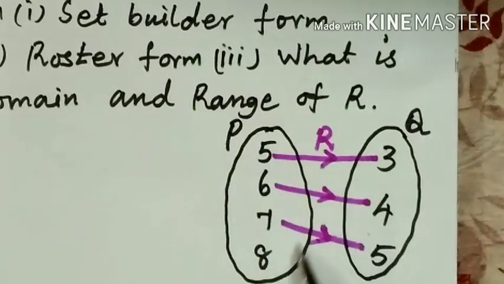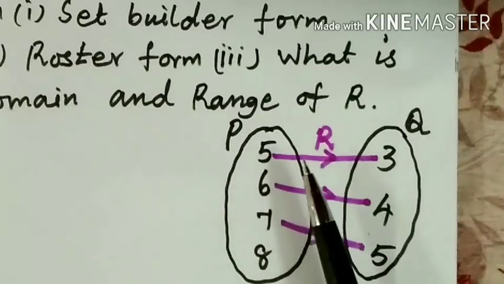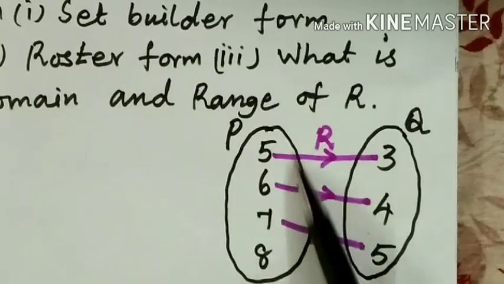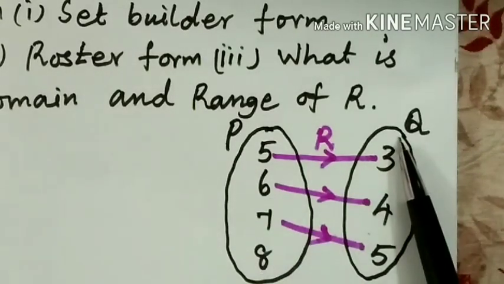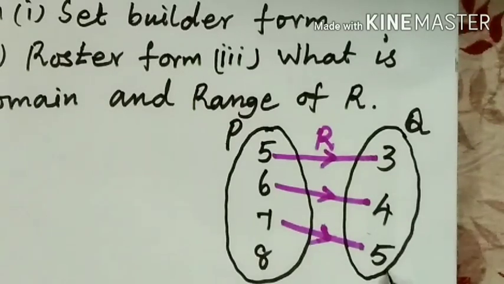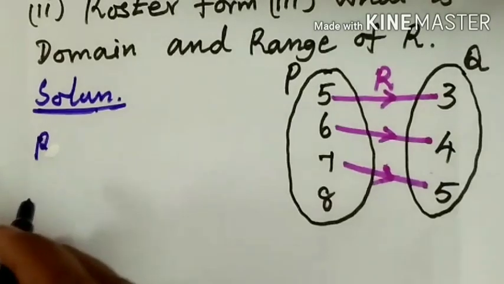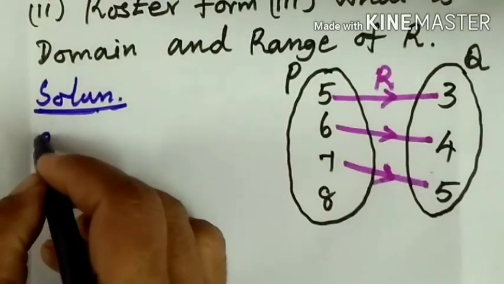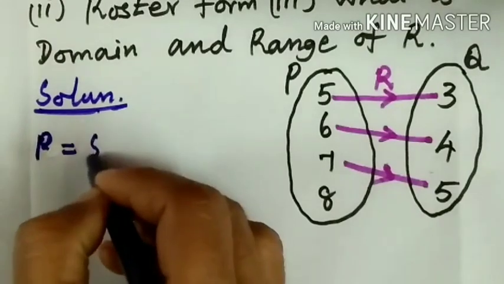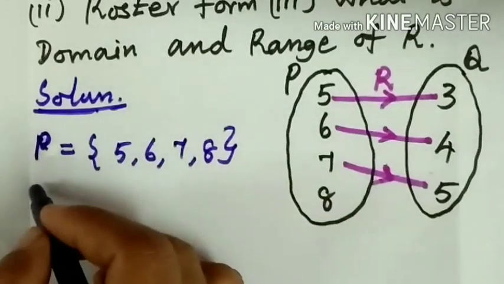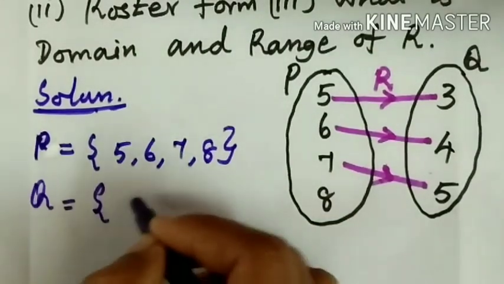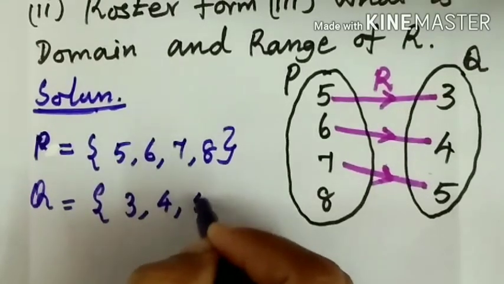See, the first set P contains 4 elements, that is 5, 6, 7, 8. Then the second set Q contains 3 elements, that is 3, 4, 5. So first you take down and write the given solution. From the arrow diagram, write the given set P equal to {5, 6, 7, 8}, set Q equal to {3, 4, 5}.